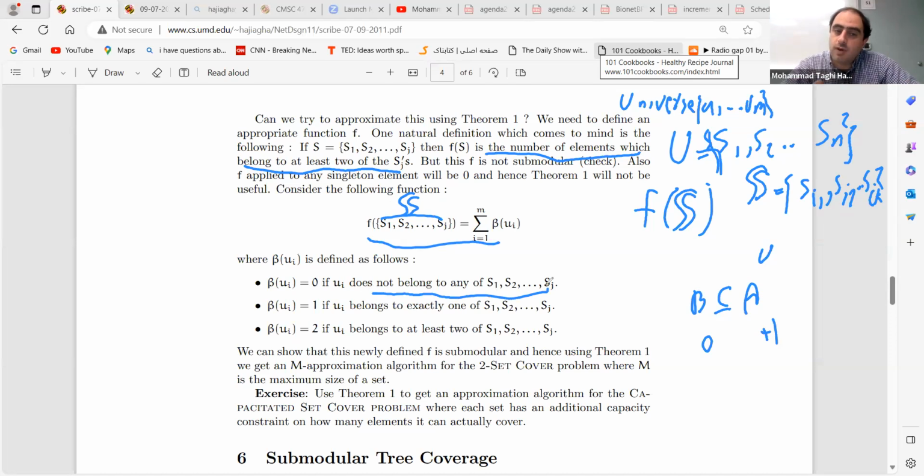Beta of ui is equal to 1 if ui belongs to exactly one of these sets, and if it belongs to at least 2, then it would be 2. So the value would be 0, 1, and 2. In some sense, we have a progress 0, 1, 2, and above 2 we don't care. Then you can show that this F is a submodular function.